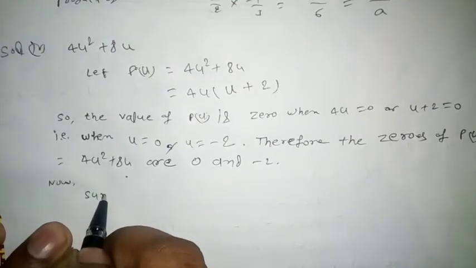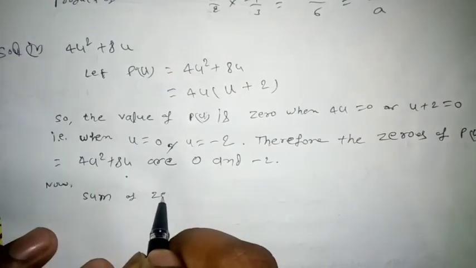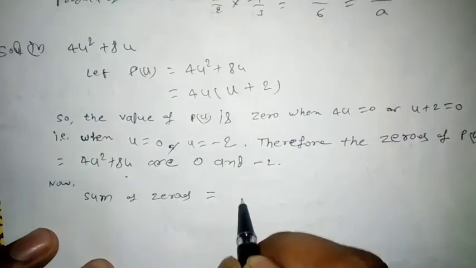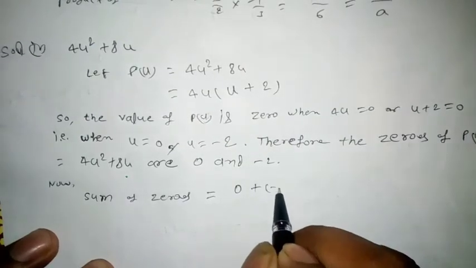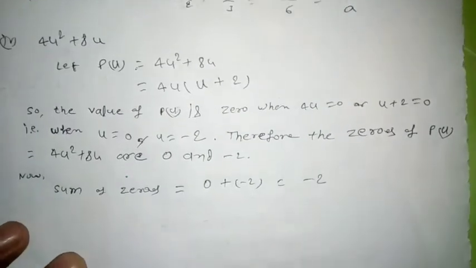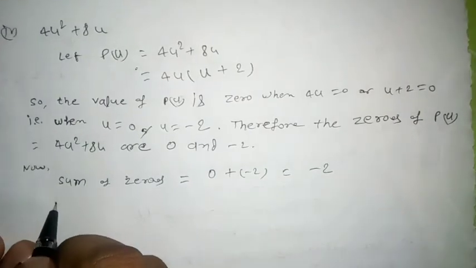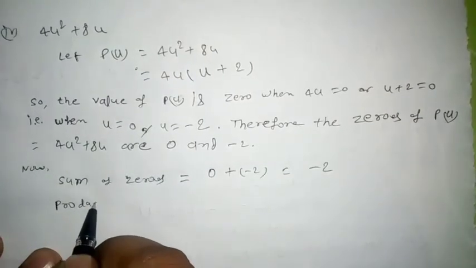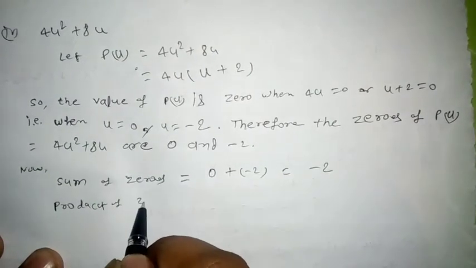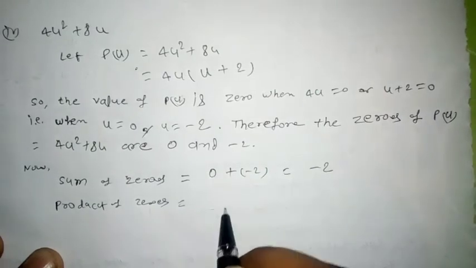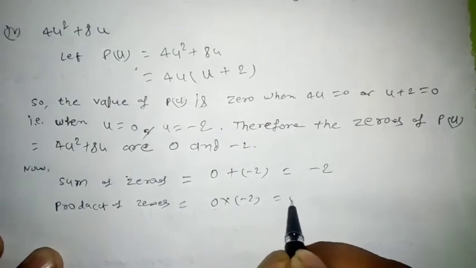Sum of zeros is equal to 0 plus minus 2 is equal to minus 2. Product of zeros is equal to 0 into minus 2 is equal to 0.